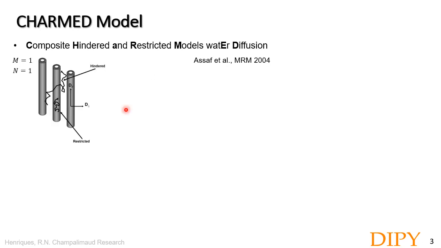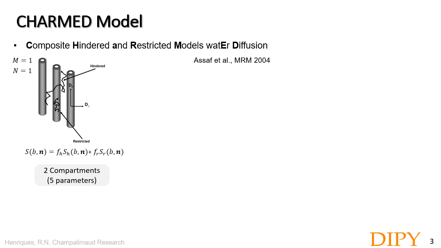Another popular model is the composite hindered and restricted model of water diffusion proposed by Assaf. This model was proposed as a general framework to represent restricted diffusion, for example, inside intracellular spaces, and hindered diffusion, assuming that this represents the extracellular space. This model can be fitted with a general number of compartments.